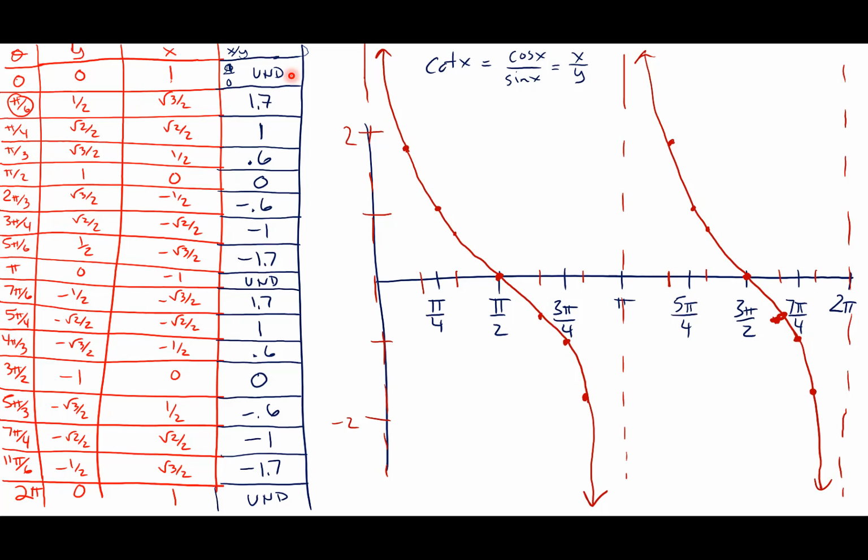So on your calculator, however you want to do it, the way we did it for tangent, it's going to be 1/2 divided by root 3 over 2. The 2's cancel. Let me show you that. Maybe that'll be easier to show. This would be 1/2 divided by root 3 over 2. You could punch this on the calculator already, or if you just want to get rid of the 2's there, at that point that's what you're punching into the calculator. So 1 divided by root 3 gives you a 0.6.